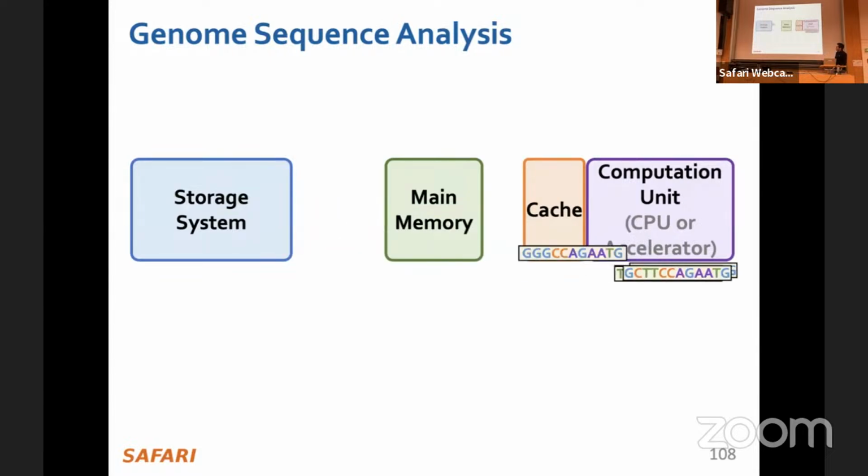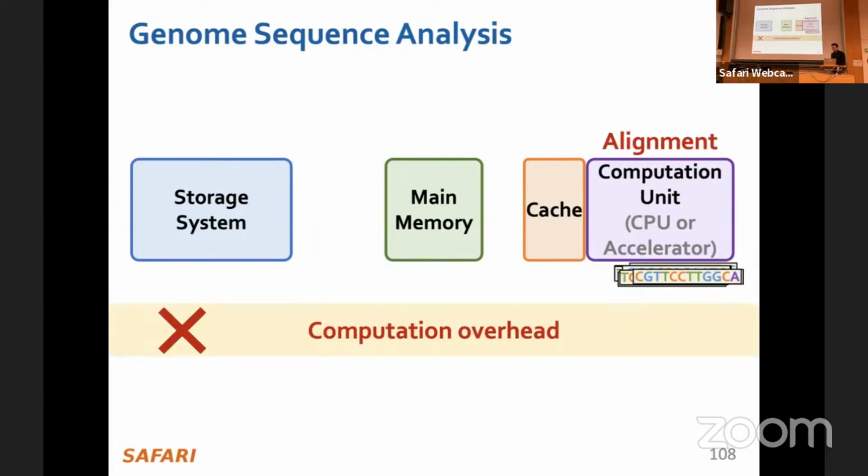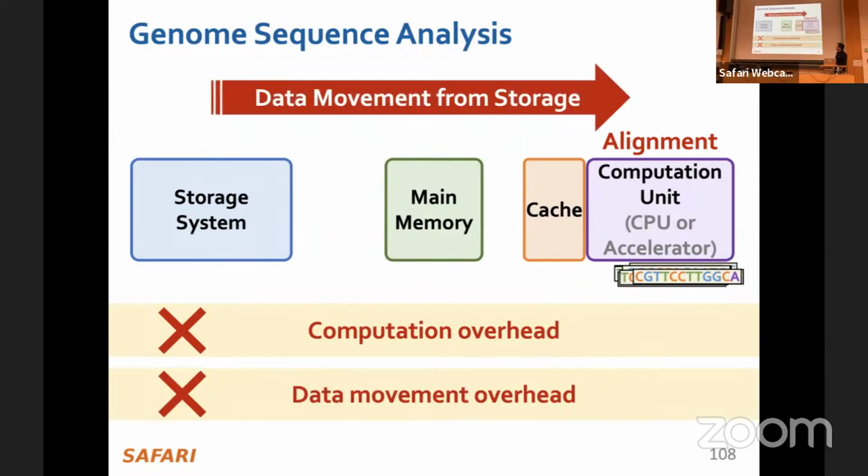What usually happens is that we need to move this data from the storage system, maybe from your SSD, to wherever you're doing the computation. We know that the computation could be a bottleneck. If you are doing alignment, for example, this is computationally costly. But there is also a data movement overhead: you need to move this data from the storage system to the accelerators or the CPU.